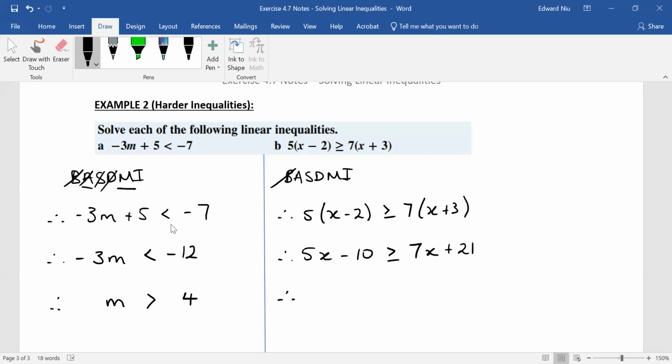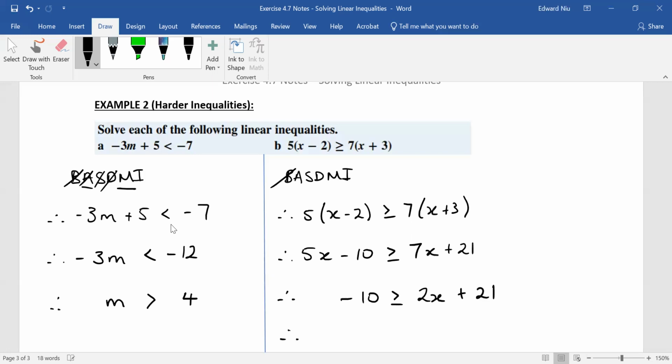From here, we need to get x on the same side. So here we've got 5x versus 7x. We know 5x is smaller, so we have -10 left on the left side, and we have 2x on the right side because we subtract 5x from both sides, and a +21.